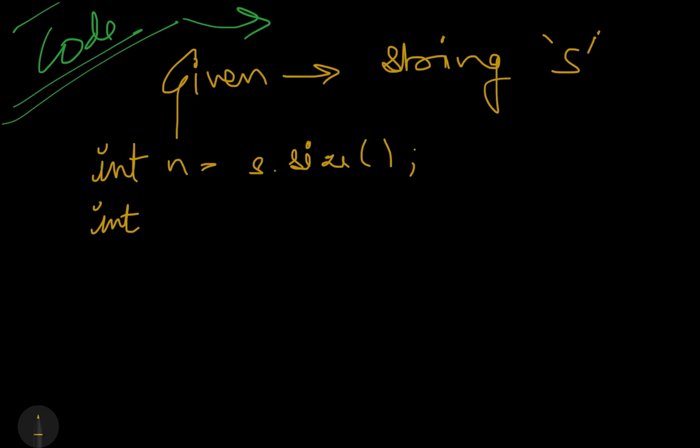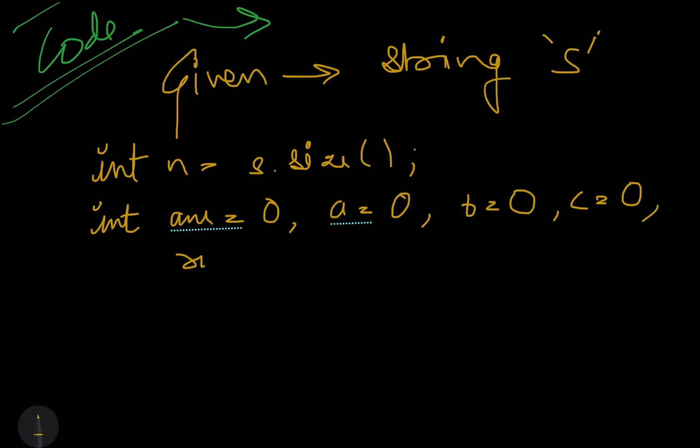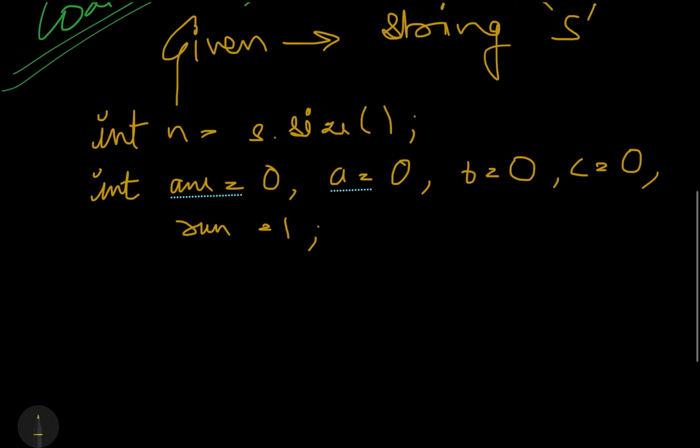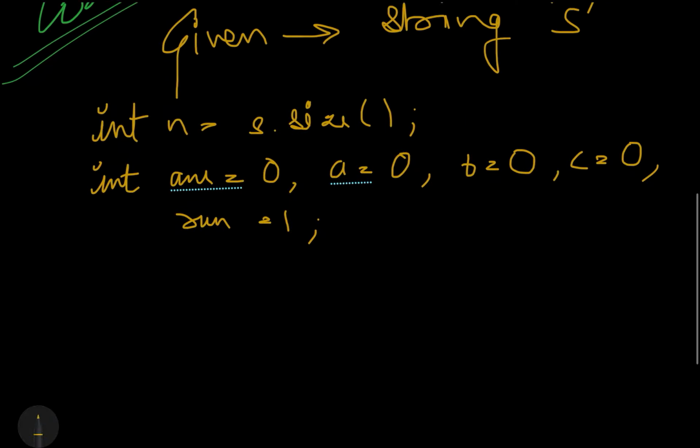Second, we can define variables in which we can store the answer. We can store the lengths of A, B and C, and we'll use these as counters. And also we can have run, which will define the current length of our substring.